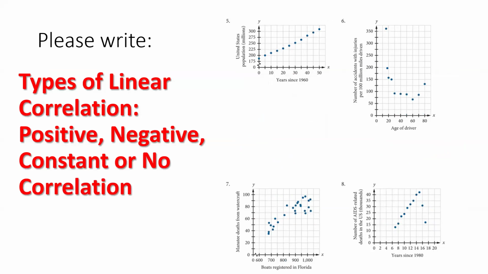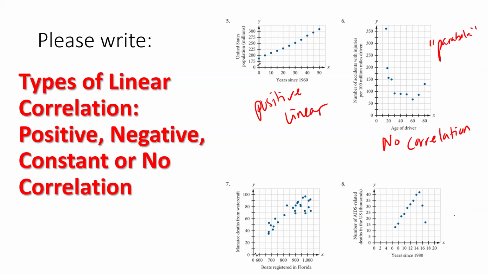What do we say for 5? Good job. Positive linear. What about 6? No correlation. Can someone tell me what 6 looks like though? Like a parabola. Good job. Looks like a parabola over there.